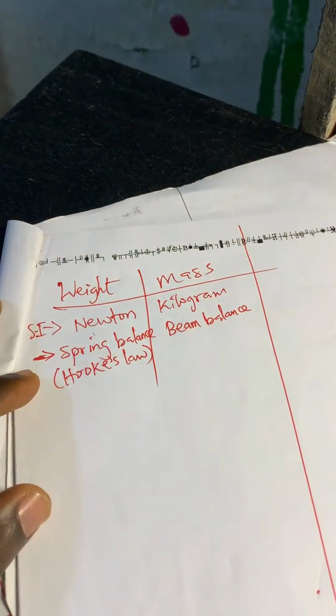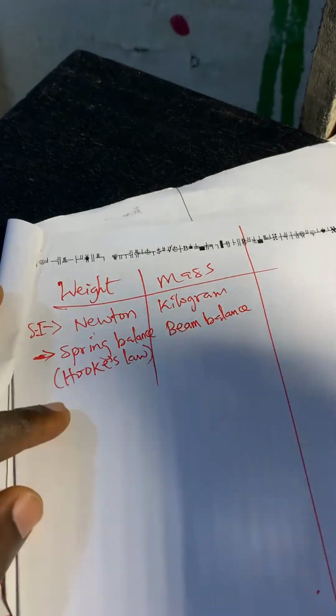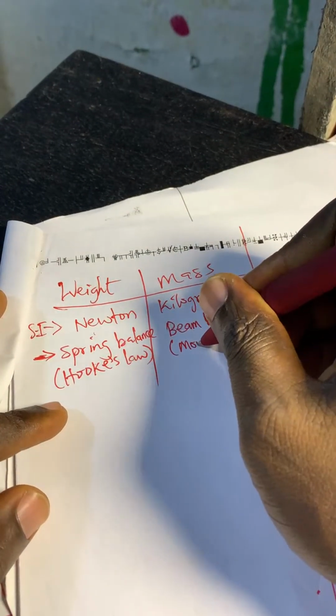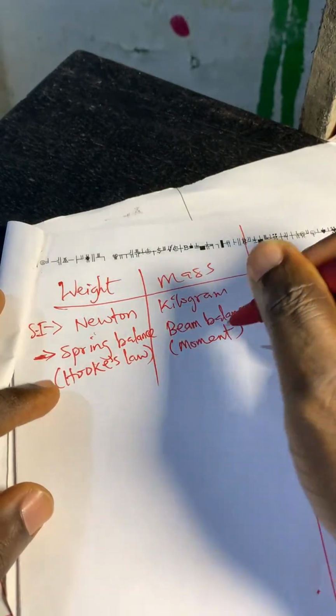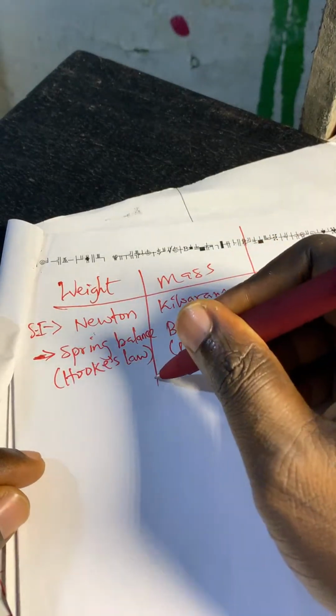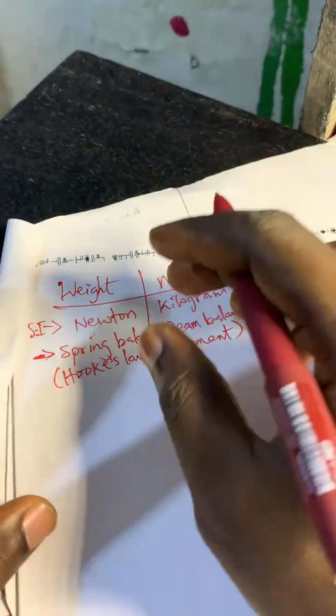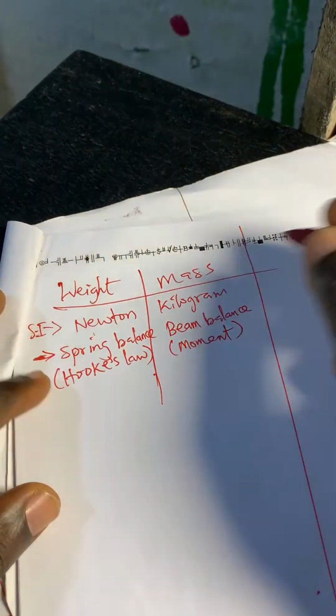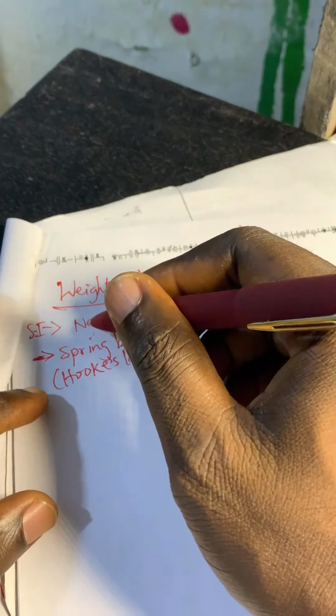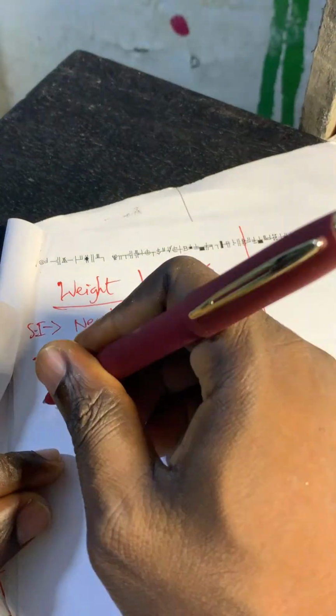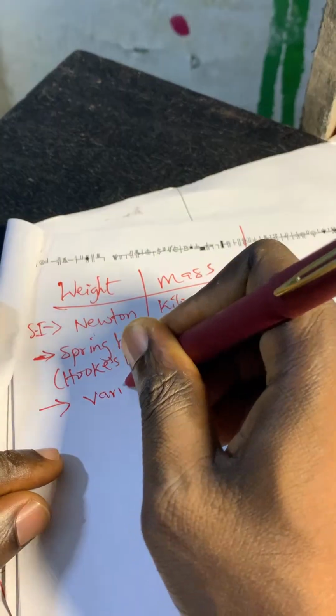They work through the principle of moments, taking moments about a point. There are other ways to differentiate them, but these are the necessary ones. You can also say weight varies from place to place, while mass is constant.